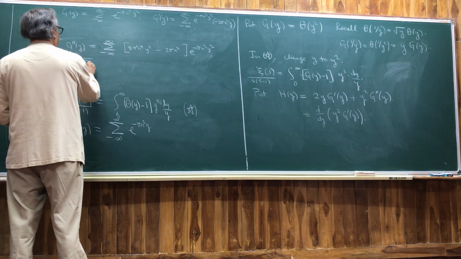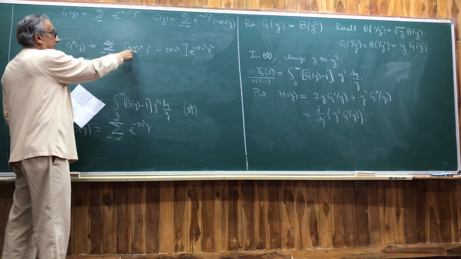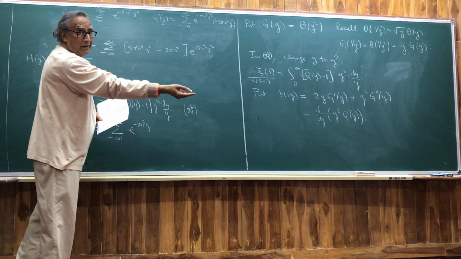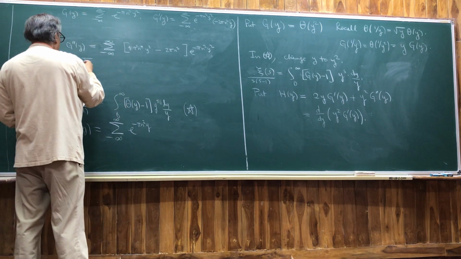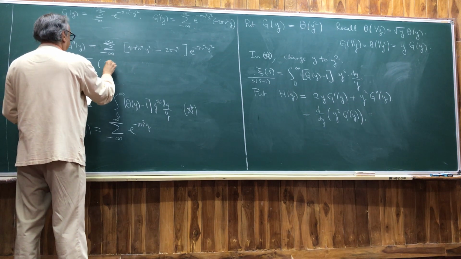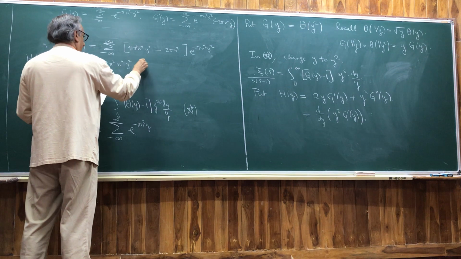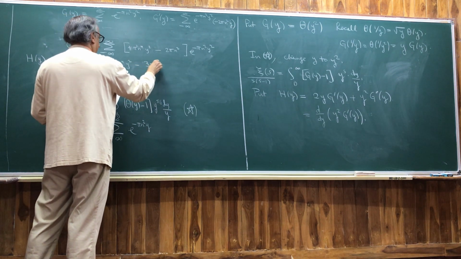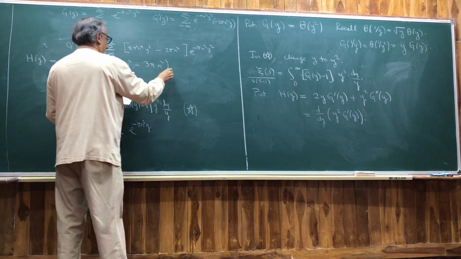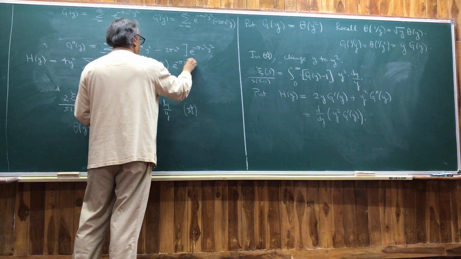So we're now starting from n equals 1 to infinity, because for the n equals 0 terms, there's nothing there. When you take that and double it, I get 2 pi squared n to the 4th y squared minus 3 pi n squared, times e to the minus pi n squared y squared.